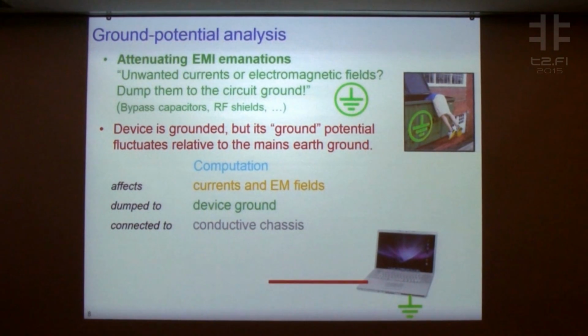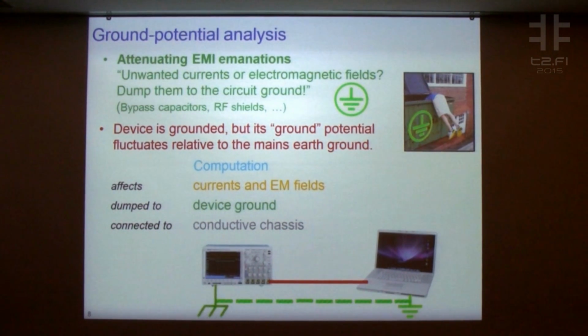What we're going to do is connect this measurement wire to the conductive chassis of the laptop, then connect its other side to our measurement equipment, which is also connected to the main Earth ground. Then some potential is going to come up to the laptop, where it becomes correlated with the secret key. Then this information travels through our measurement wire to our measurement equipment, which compares it to the main Earth ground, analyzes it, and extracts the key.